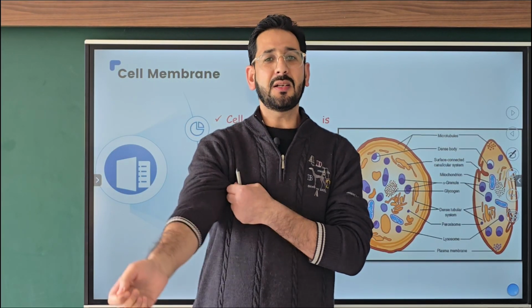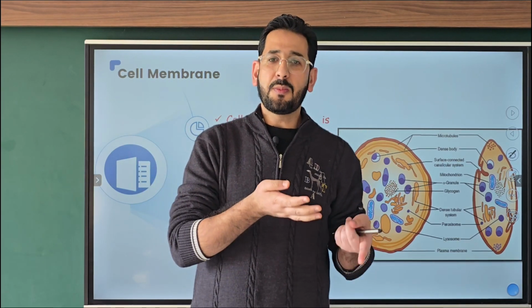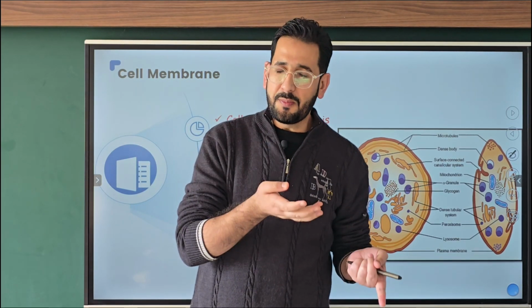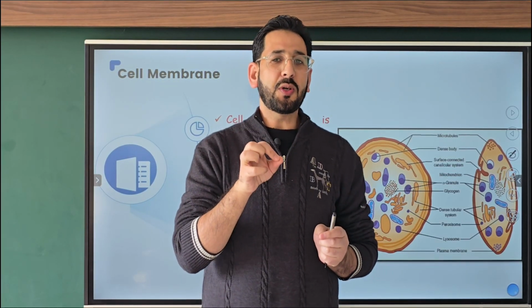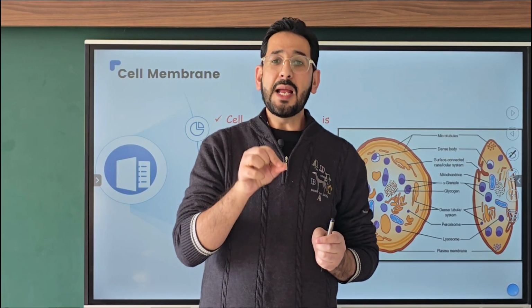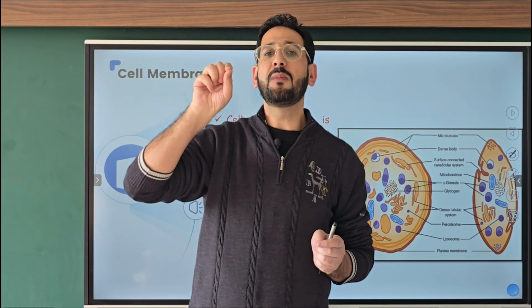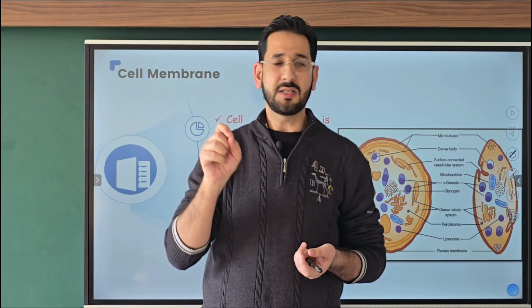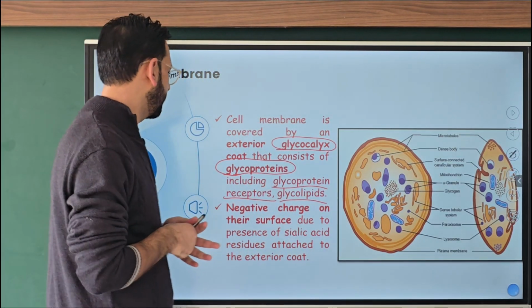They are either in combination with lipids forming glycolipids, or in combination with proteins forming glycoproteins. And those glycoproteins are very important, because glycoproteins on the cell membrane of the platelets form the glycoprotein receptors, which are very important for the functioning of the platelets. We will also talk about that.